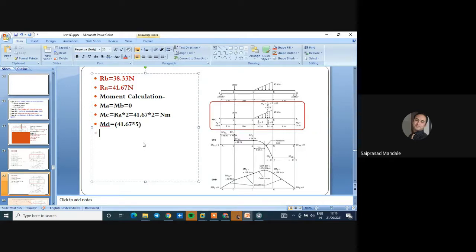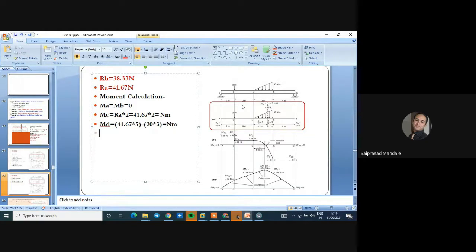Then this is clockwise, so minus 20 into how much? CD distance. How much? 3. Perfectly correct. Then moment at D is done. You have to calculate the answer and tell me.